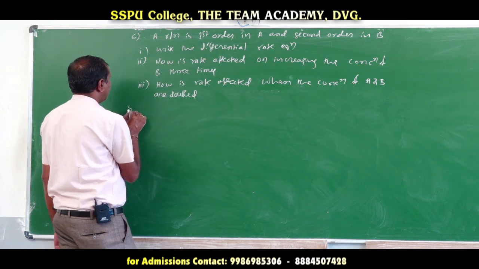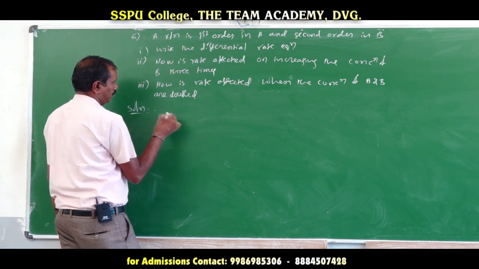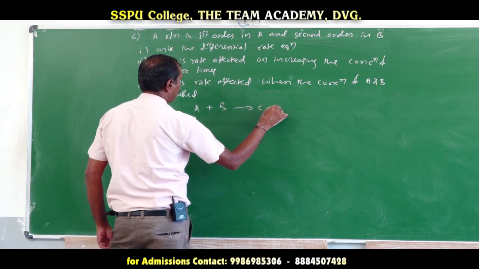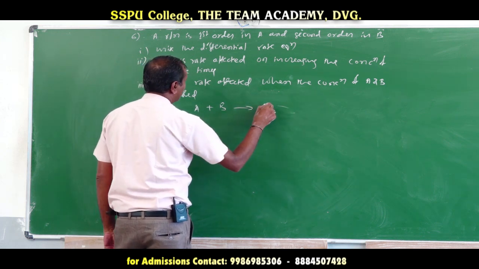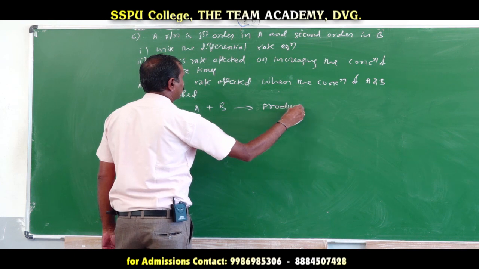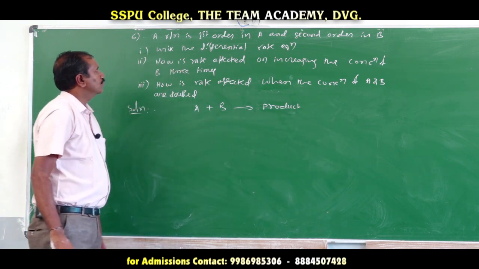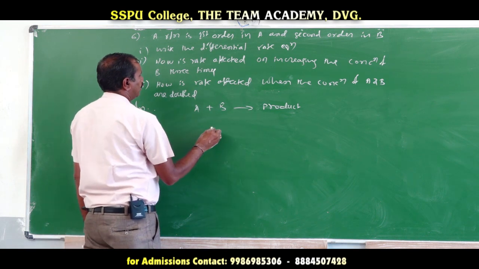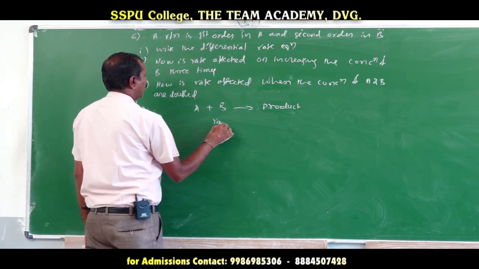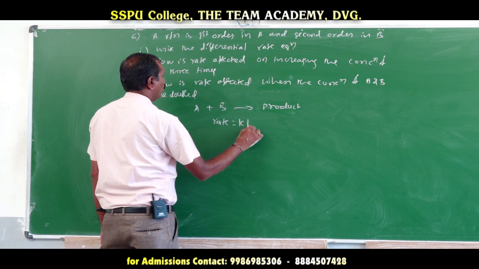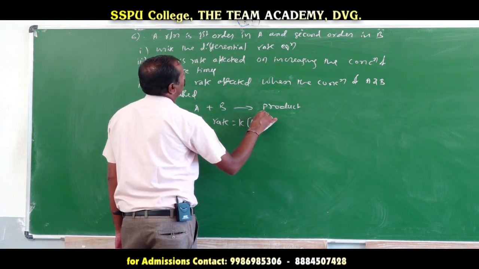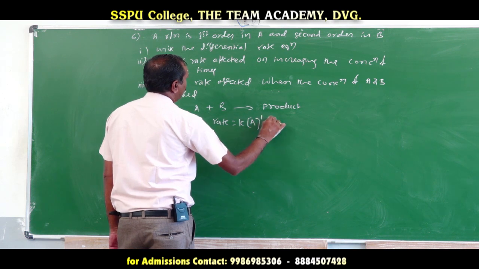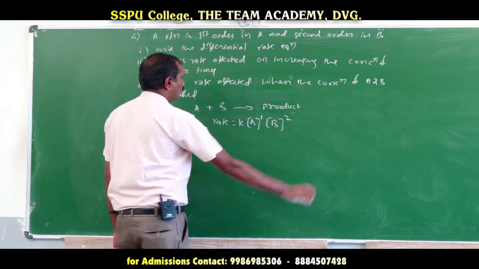Let us consider the reaction where A plus B gives what? CD. We don't know. Or we can get any product. Where rate equals K into molar concentration of A to the power 1, then molar concentration of B to the power 2.